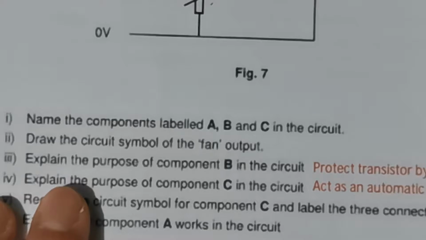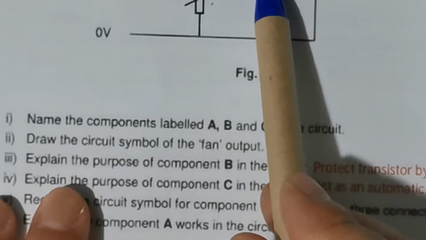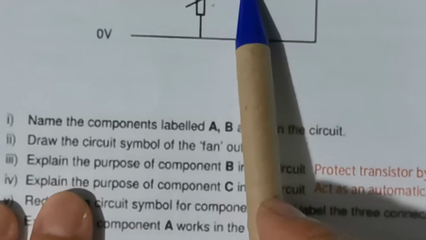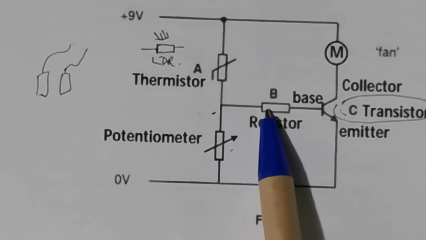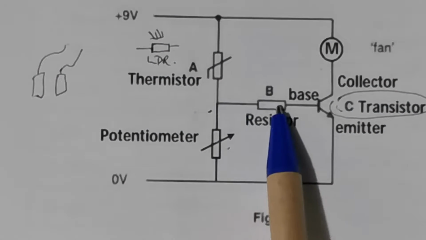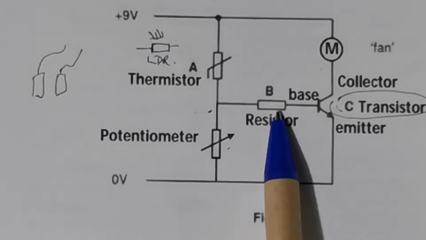Explain the purpose of component B. This is component B. I told you many times, when you see a resistor and they ask you why you need a resistor, the word protect should come to your mind.